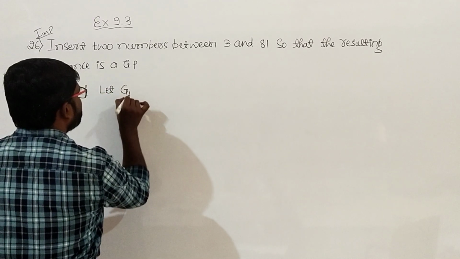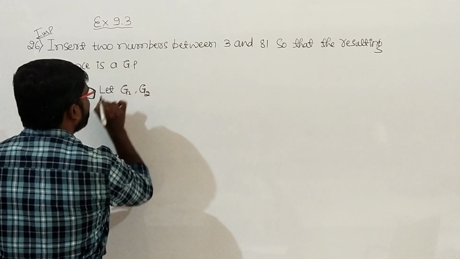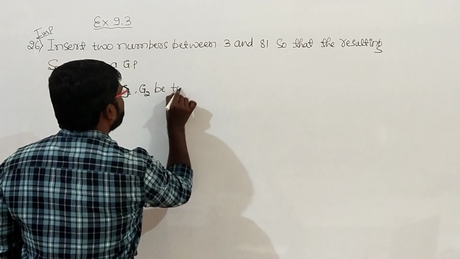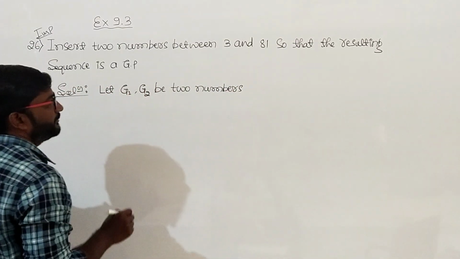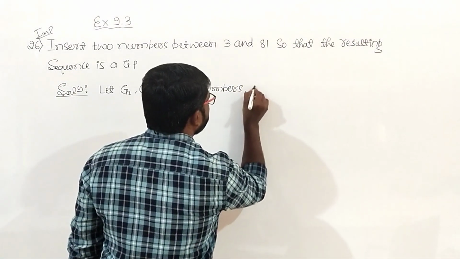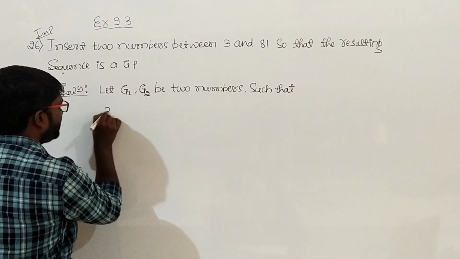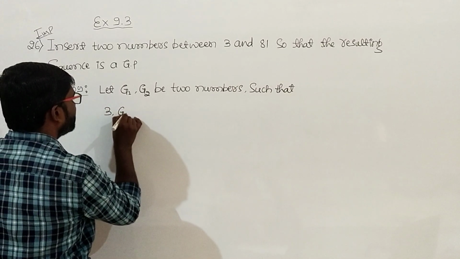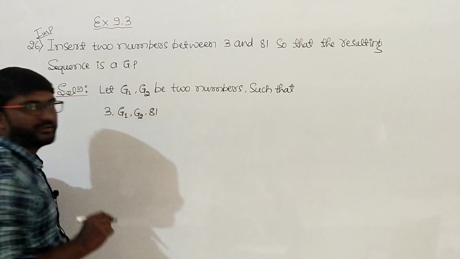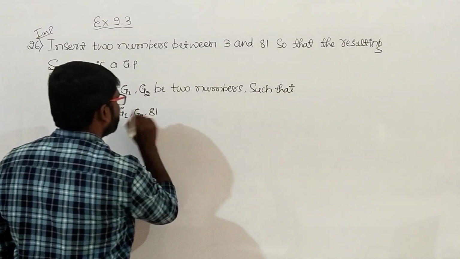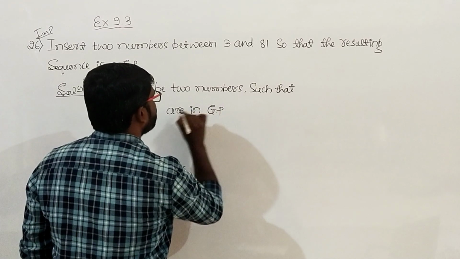Let G1, G2 be two numbers such that 3, G1, G2, 81 form a geometric progression, in GP.